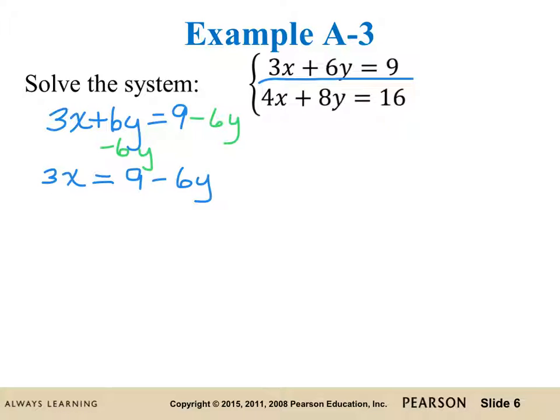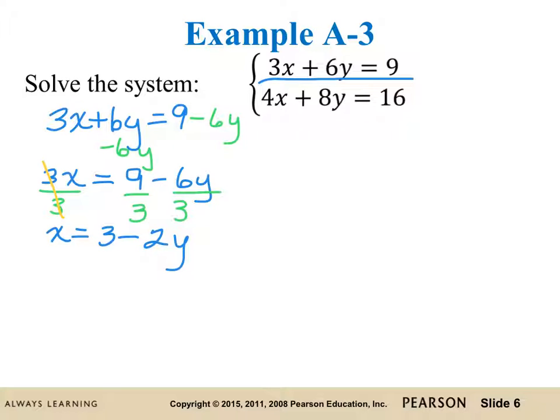Then I'm going to divide 3x by 3, but then I'm going to divide both terms on the other side also by 3, which will leave me with just x. 9 over 3 is 3, and 6 over 3 is 2, so we'll have x is equal to 3 minus 2y.